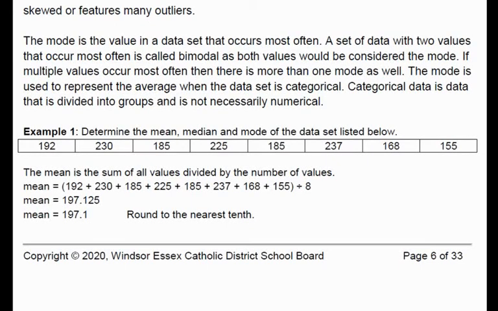So categorical data is, of course, countable data that falls into different categories. So if we were talking about a frequency chart, and we're talking about the frequency that something occurs, that could be considered categorical data. If we were talking about people who are choosing their favorite color, that would be categorical data.